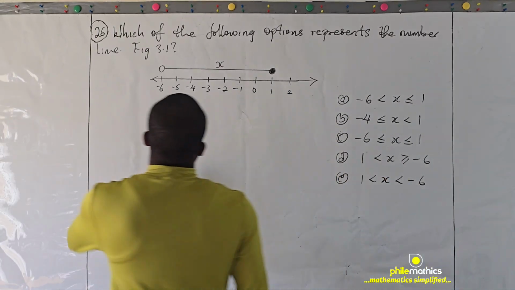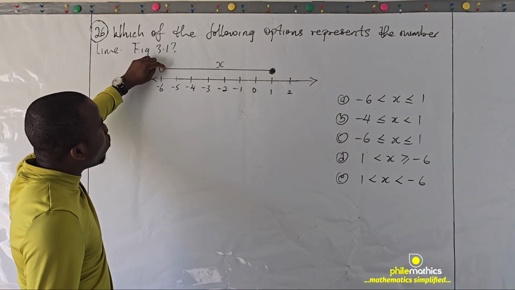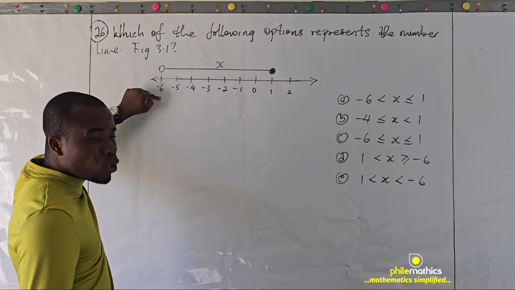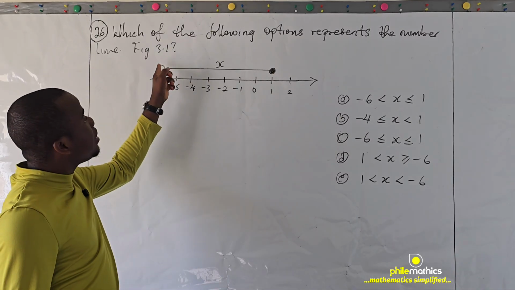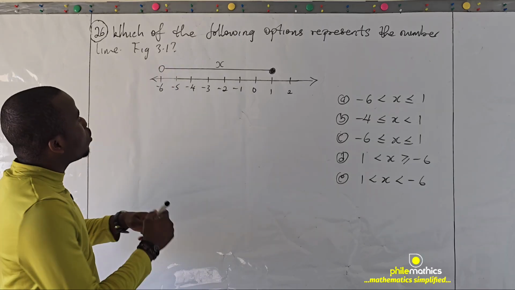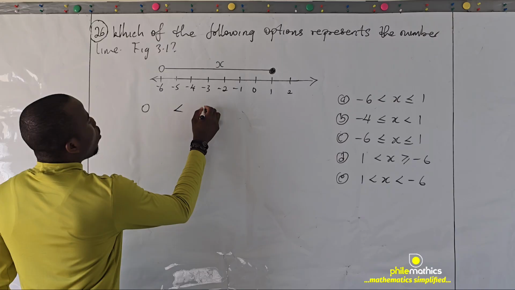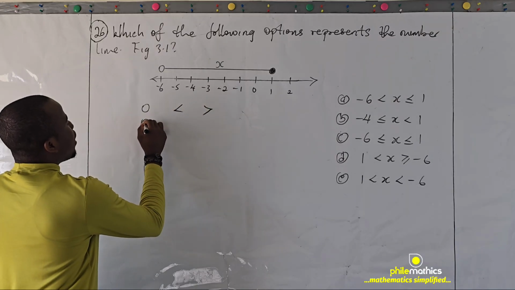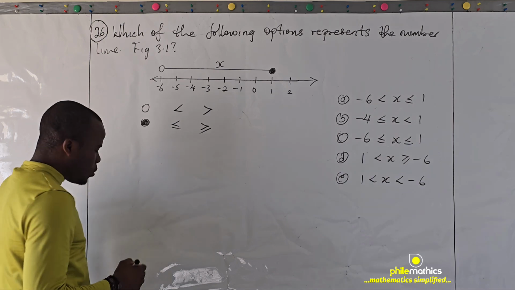Which of the following options represents the number line? So if you are to watch this, you want to first of all check where this circle is pointing at. It's pointing at -6 and 1. The next thing is, is this shaded? If it is open, it is either less than or greater than. If it is shaded, it's either less than or equal to or greater than or equal to.